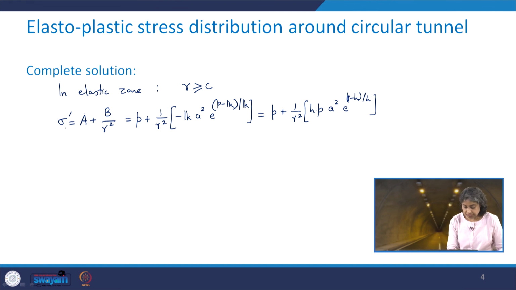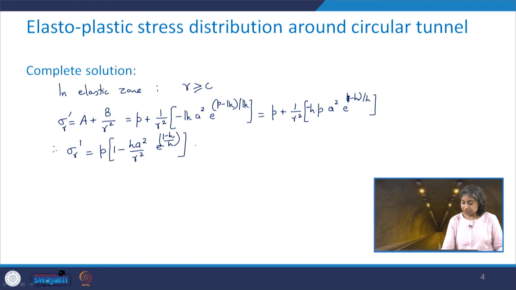So, we can write this sigma r prime as P, and yes, here there will be a negative sign. So, we will have P common, 1 minus h a square upon r square e to the power 1 minus h upon h.